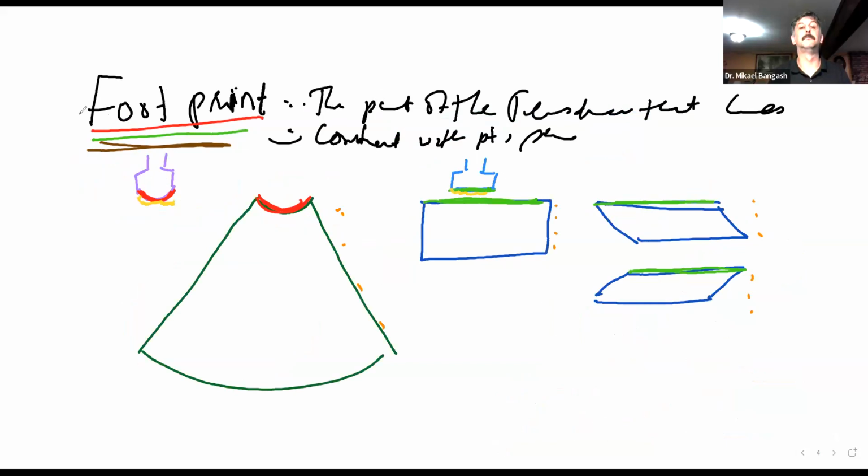One is going to be the footprint. That means the part of the transducer that is going to be coming in contact with the patient's skin, or you can say where you may apply the gel. But the shape of that footprint, and to some extent the size of that footprint, may have clinical implications and may have an effect upon the shape of the image. And what we mainly will say is the dimensions.